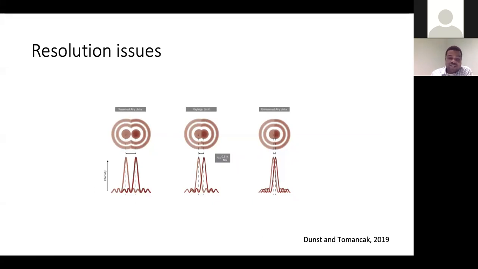I intentionally took this image to make this point: the image may not be sharp enough, but will we be able to discern between two different spots? So on the left, as you can see here, you are able to distinguish between these two points because there is a significant separation between them.